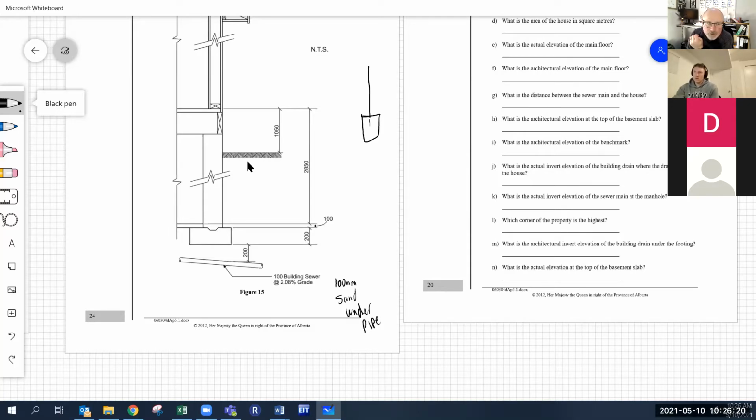Now, remember, everybody, this is the ground level here. We start digging here and then we go down. So this distance from here to there is going to be 2850 minus 1050.